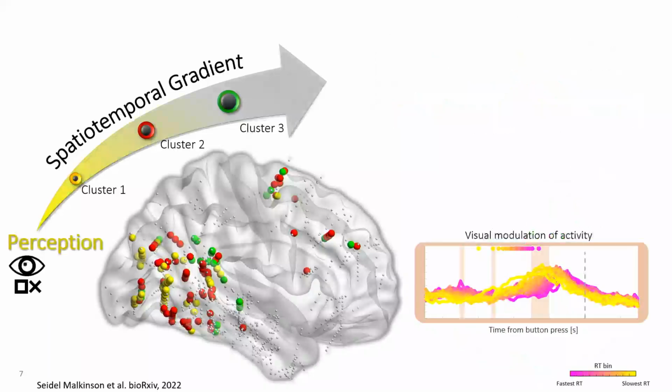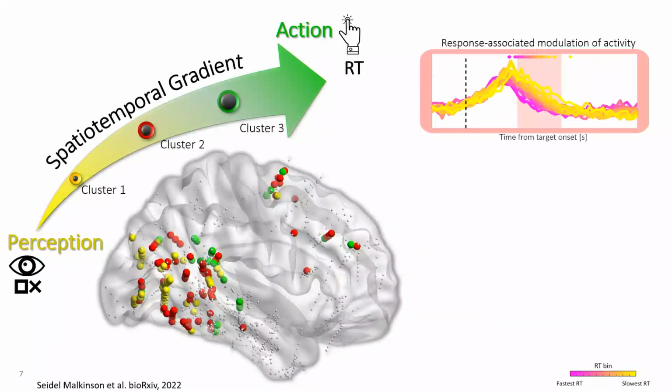We then looked at the activity along this gradient, and saw that at the lower end of this gradient, activity showed visual modulation, while at its higher level, the activity was modulated by the upcoming response time, so it reflected more response-associated processes.